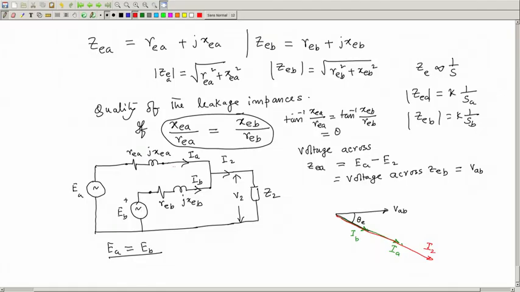What is the KVA supplied by this transformer? It is V2 into IA. Here I write the KVA to the load is equal to V into I2.